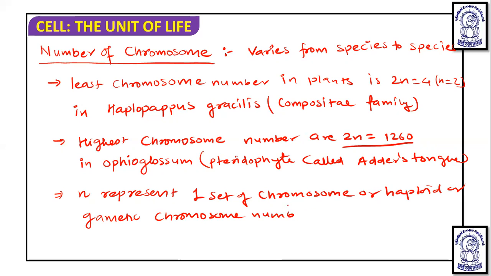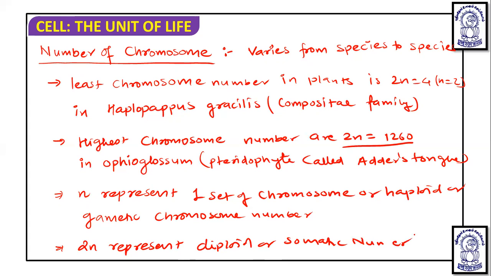So haploid has one set of chromosomes, whereas 2n represents the diploid or somatic number.